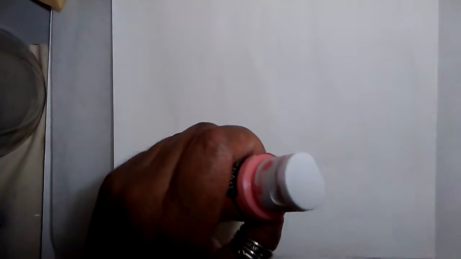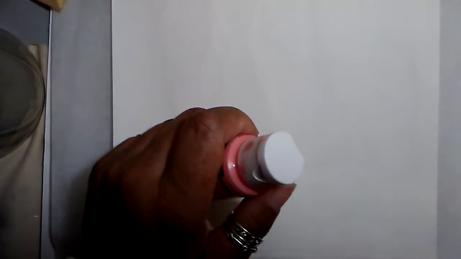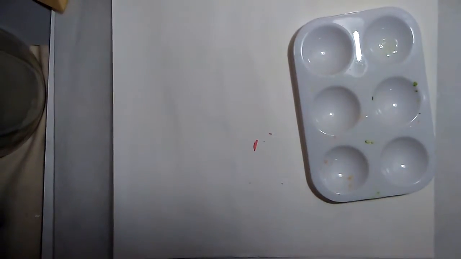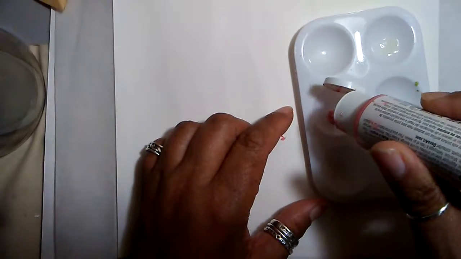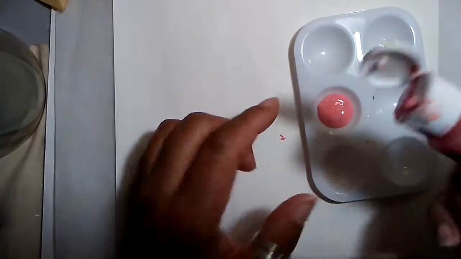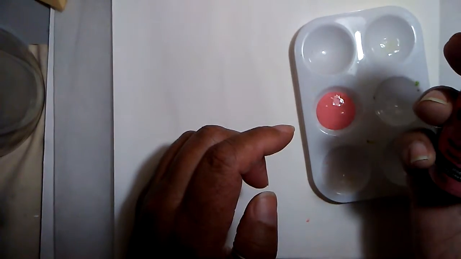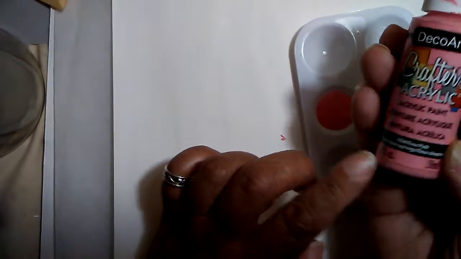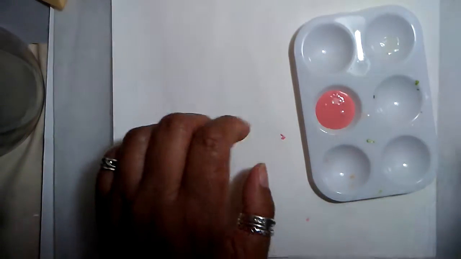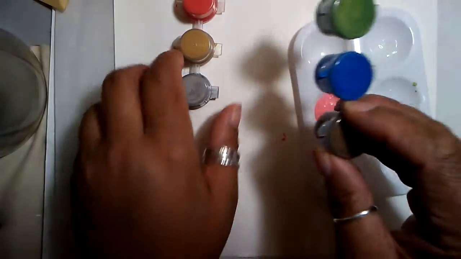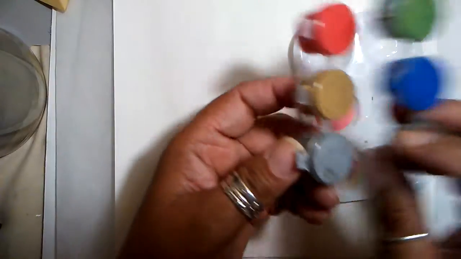So let's put down this paint here, and I'm going to use this tray to put paint in. Let me shake it up a little bit. Okay, so what color is it? It's Wild Rose Pink, and it's by Deco Arts. I do have some metallic paints over here as well.